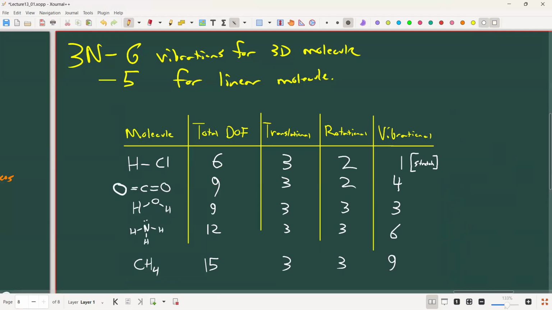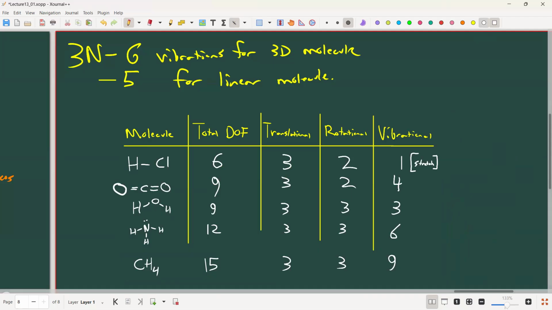So here's a selection of molecules where I've counted the total degrees of freedom. That's 3n. Every single molecule has 3 translational degrees of freedom because there's 3 different directions. As you go into larger and larger systems, you have more and more vibrations.